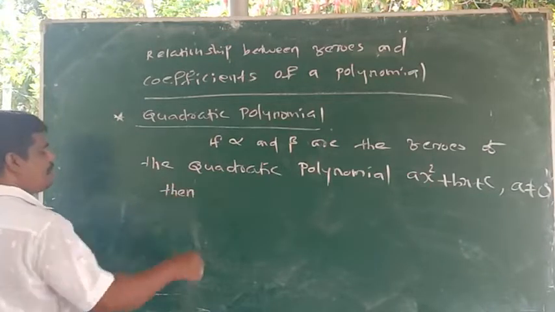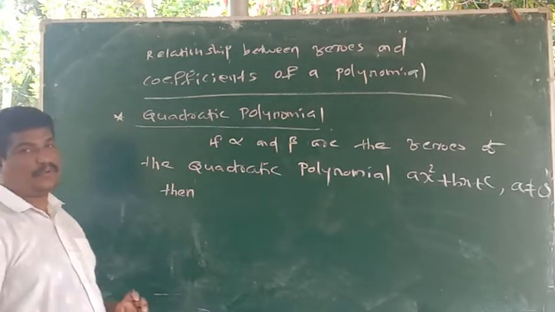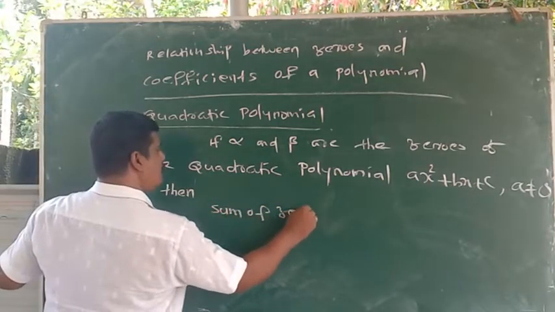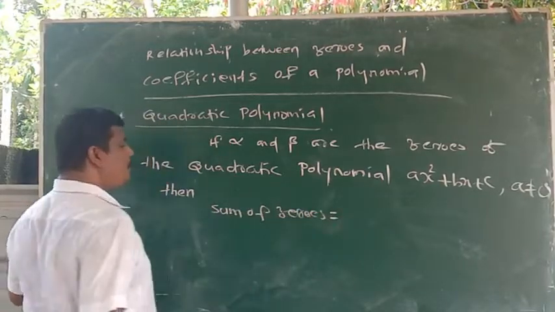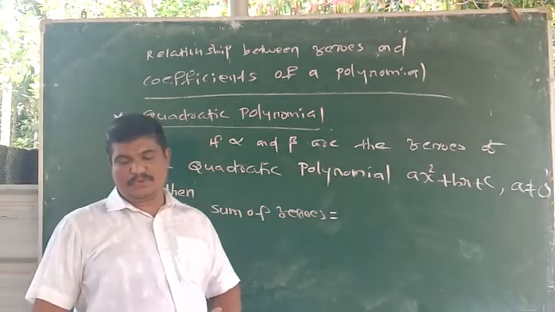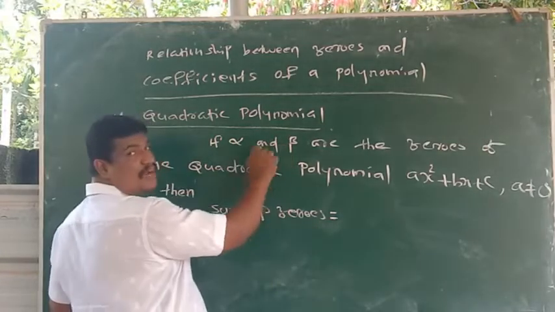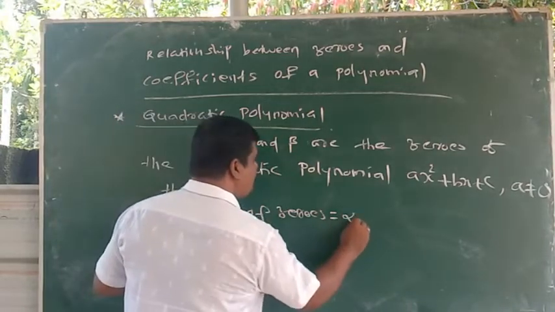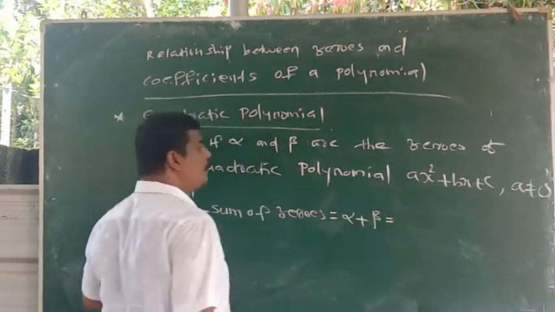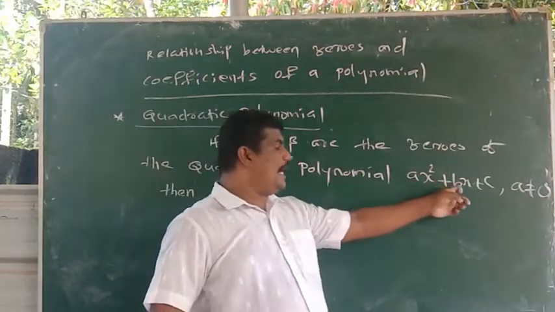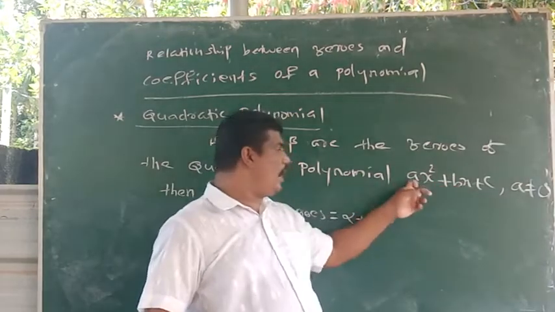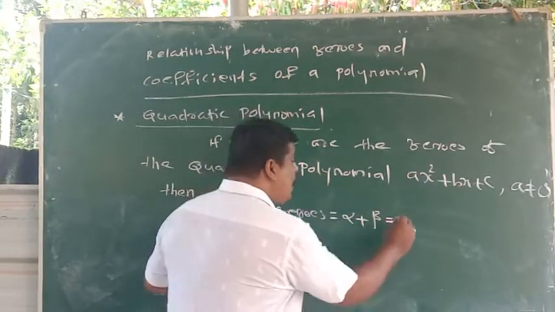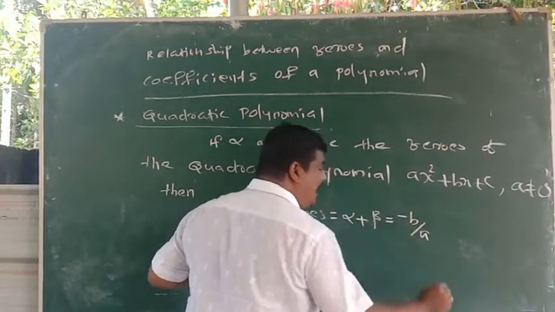What is the first condition? Then the sum of zeros. Here the zeros are alpha and beta. The sum of zeros, alpha plus beta, is equal to minus coefficient of x divided by coefficient of x square, that is minus b by a.